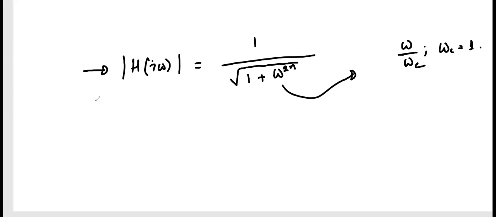Now, what is S? S is equal to j omega, so omega is equal to S divided by j.